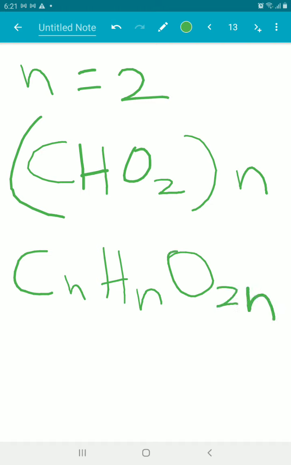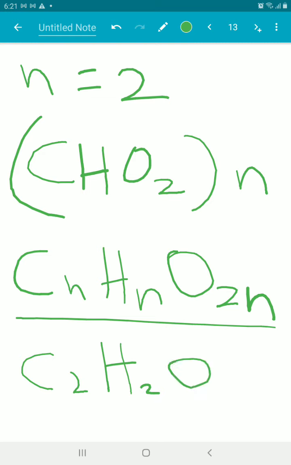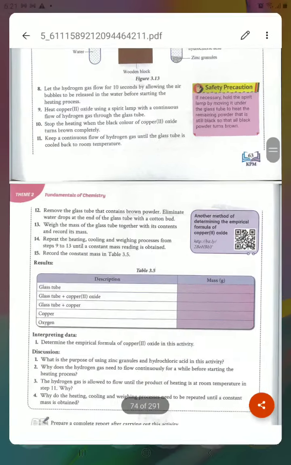Then substitute n equals 2 in this one, so C2H2O4. So this is the molecular formula for the substance. I hope you really understand what we discussed right now.